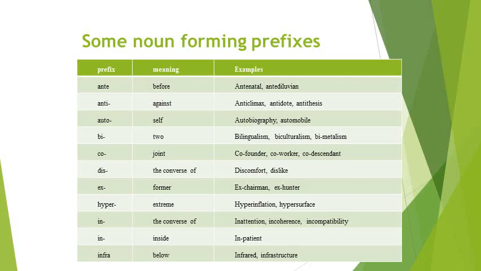Another is bi. Bi means two, and you find it occurring in words like bilingualism, biculturalism, bimetallism, and so on. Another is co. It means joint. You have examples in words like co-founder, co-worker, co-descendant, co-tenant, etc. Then dis is another prefix that means the converse or the opposite of.